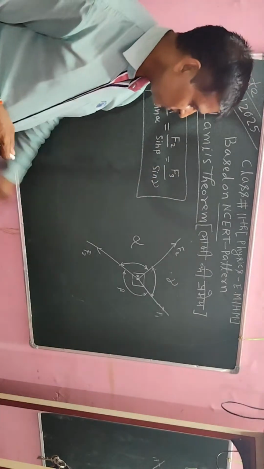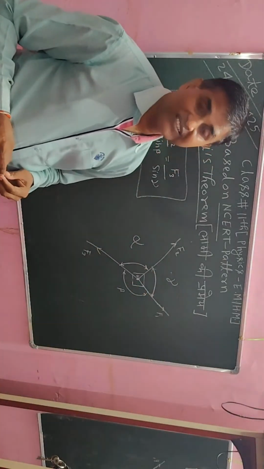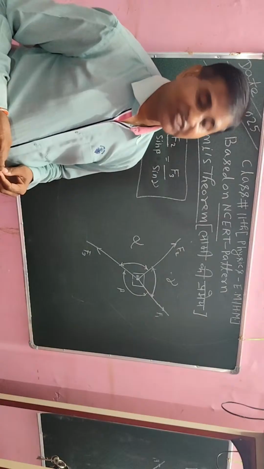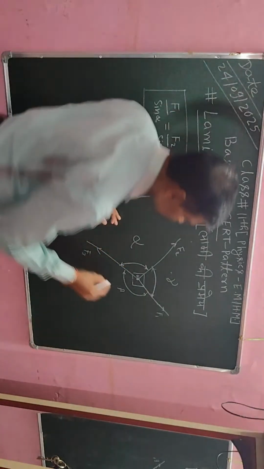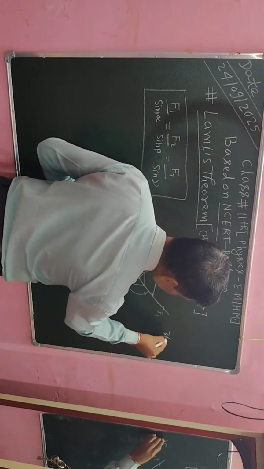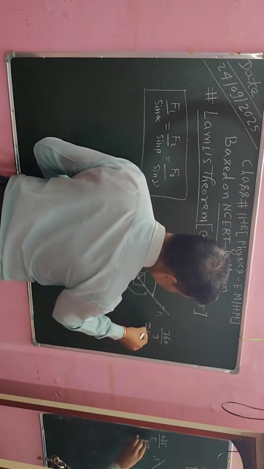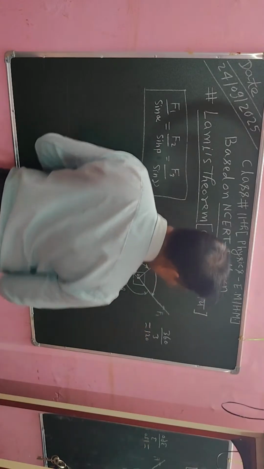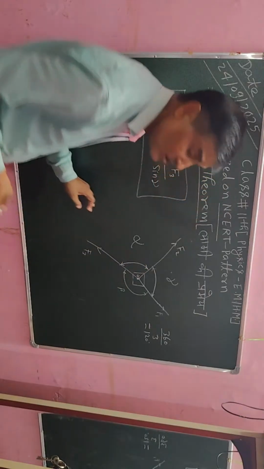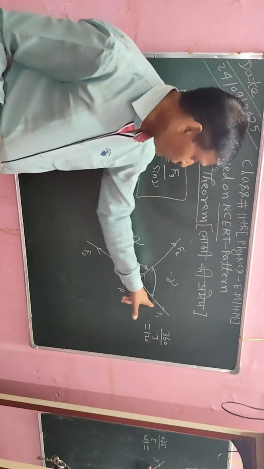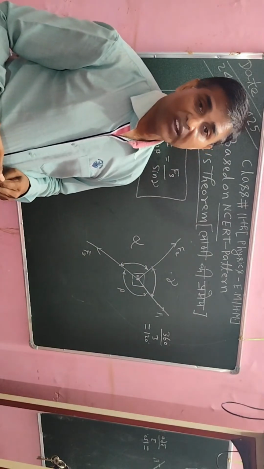Here, if I rotate through one full circle, I get 360 degrees. If all this 360 degrees is divided by 3, I get 120 degrees. So each angle will be 120 degrees if all three forces are distributed equally.